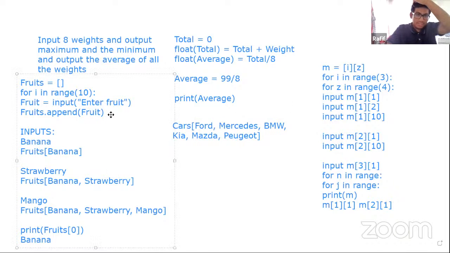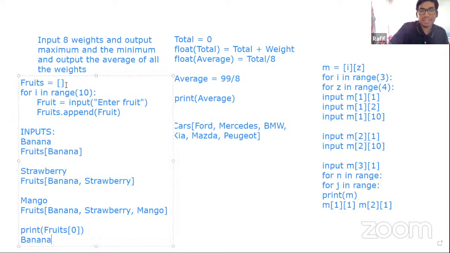First thing you've got to do is declare fruits, or whatever it is. You declare the array. You first name it, you do equals, square brackets. And then in order to input stuff onto the array, you've got to use a loop. You've got to do your input statement, and put that variable at the end of the array using .append.